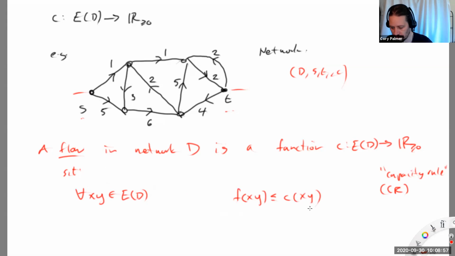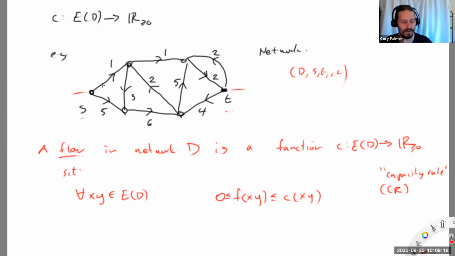You don't have more water flowing through there, and it should be positive. We stated this so that the flow was a non-negative integer anyway, so this lower bound here is automatic. Like if you wanted flow to go in the reverse direction, it would be better to actually put a pipe going in the reverse direction.